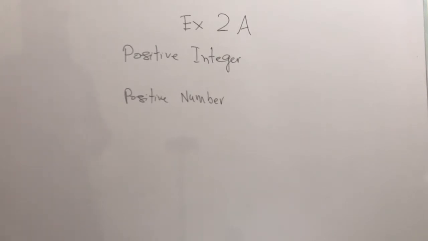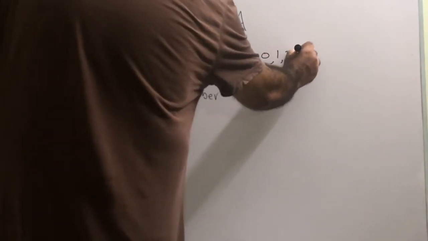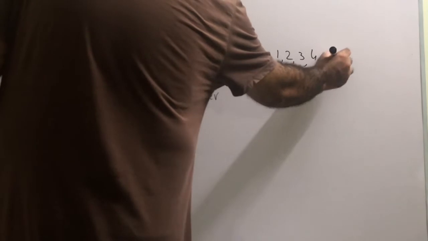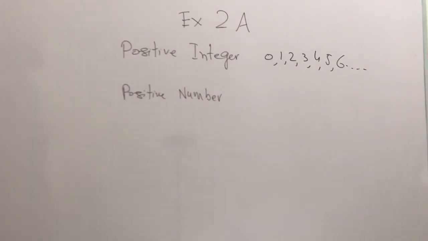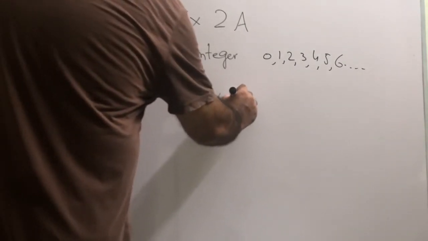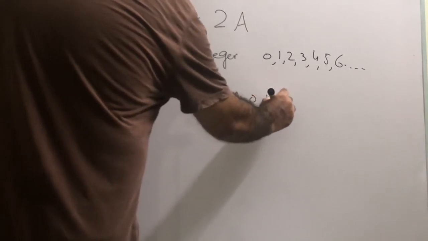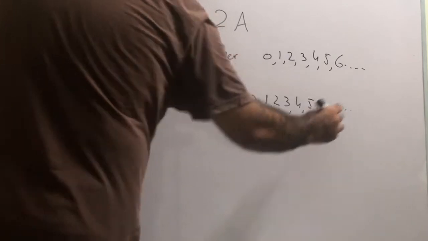When we talk about positive integers, it is simply 0, 1, 2, 3, 4, 5, 6, and so on. These are called positive integers. What about the positive numbers? Positive numbers contain two things. Number 1: 0, 1, 2, 3, 4, 5, 6.